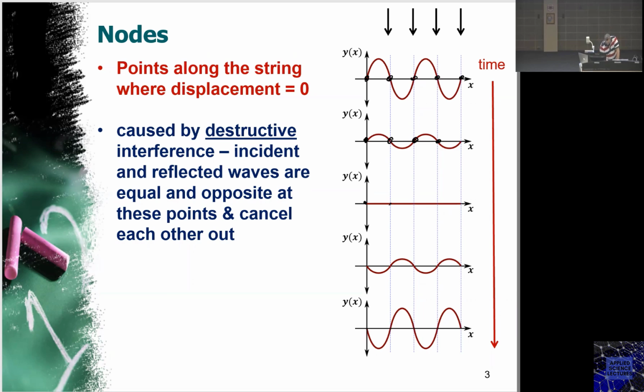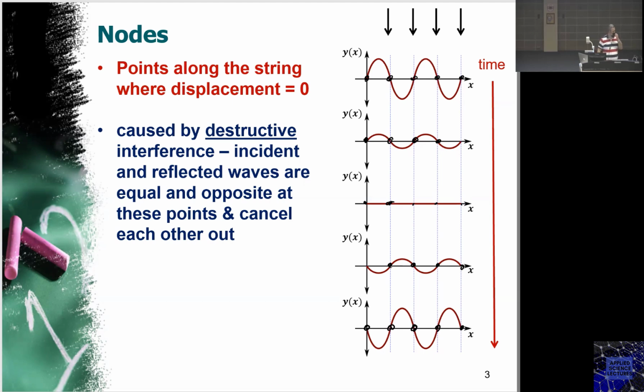Even here, the whole function is zero because we're multiplying by a sine of a phase of 90 degrees or 3 pi over 2. So in this case, all of them are zero. And again, the signs start to flip. The positive becomes negative and the negative becomes positive. However, those nodes will continue to be zero. So those are the nodes, zero displacement.